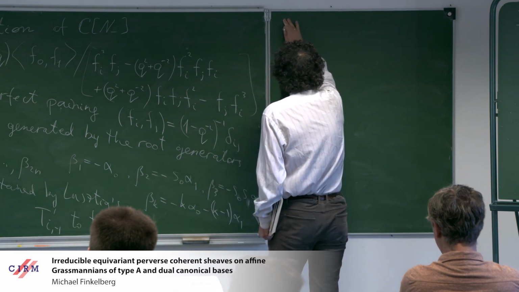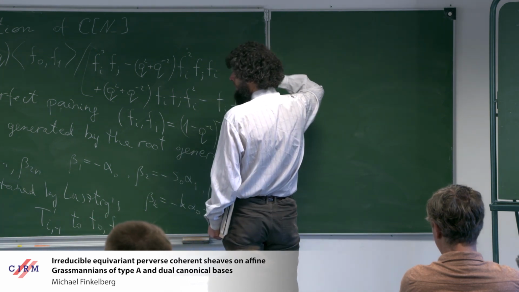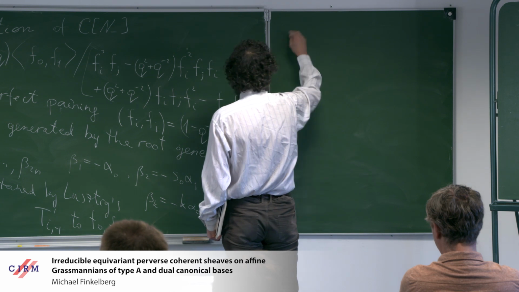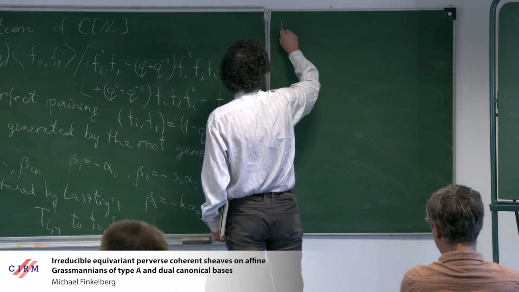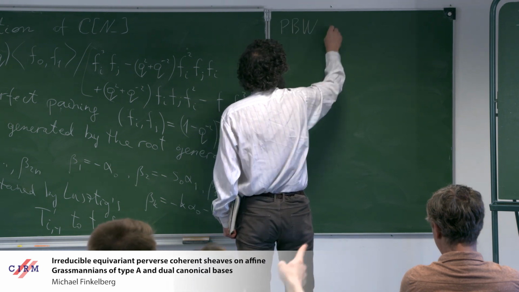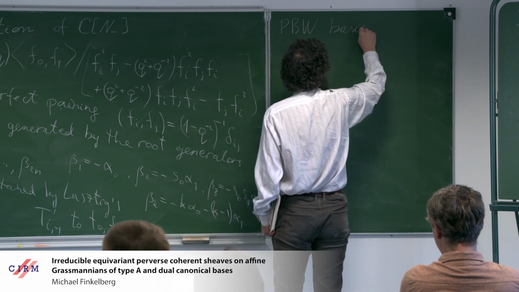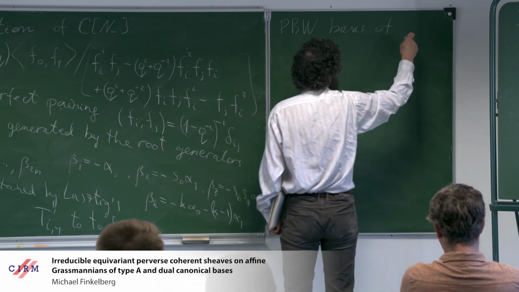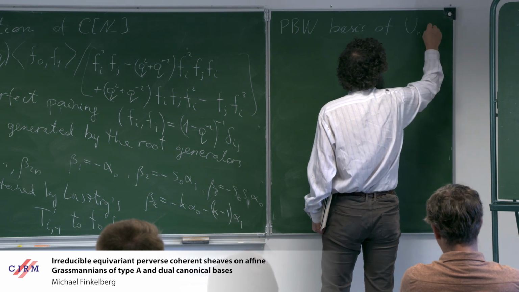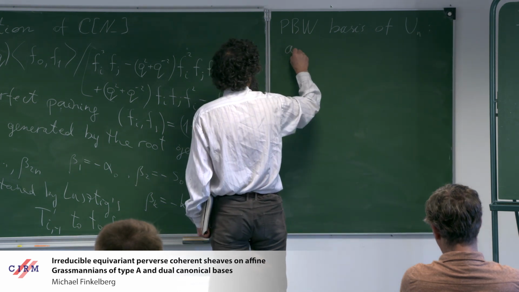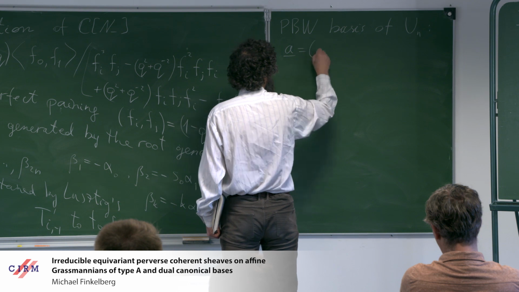So now we have a PBW basis of U_N, just for a sequence of positive integers.